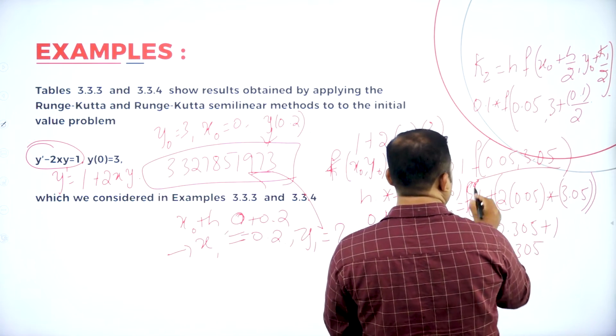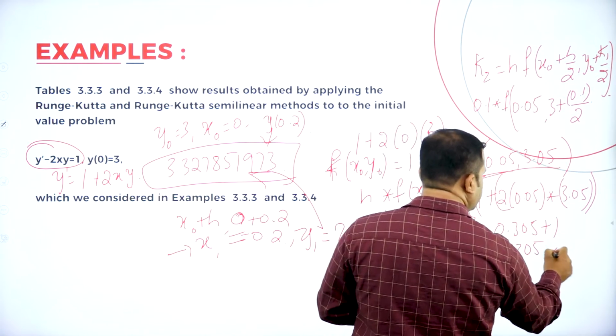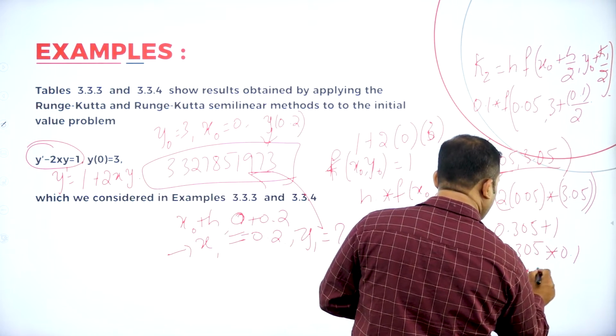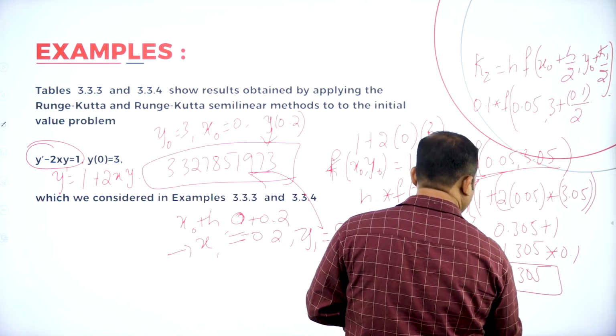That is the value of this term. This must be multiplied with h, that is 0.1. This gives me the value 0.1305, that is the value of k2.